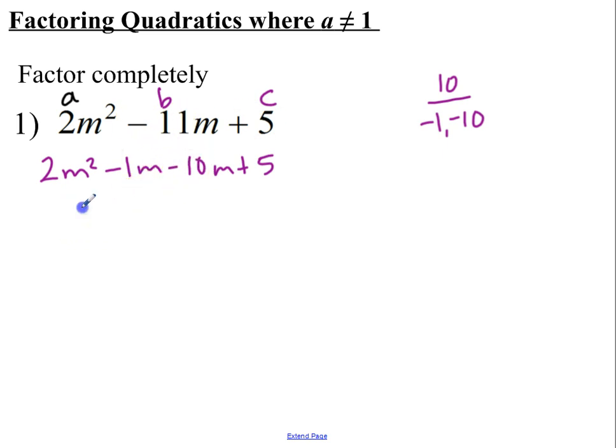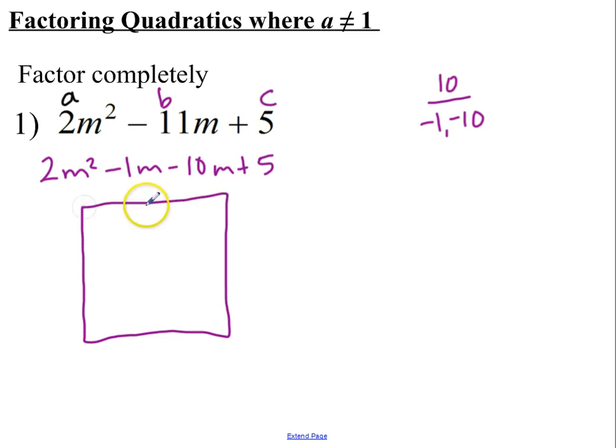Good. So let's take those four parts and put them in our window. The 2m squared goes here, the 5 goes here. It doesn't matter the order of the other two terms, so I'm just going to write minus 1m, and here I'm going to write minus 10m. I didn't leave myself enough space here, so I'm going to use a different color just to show it.